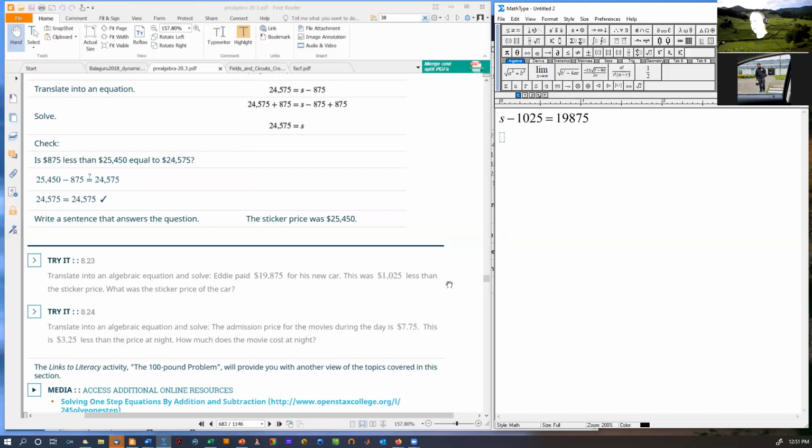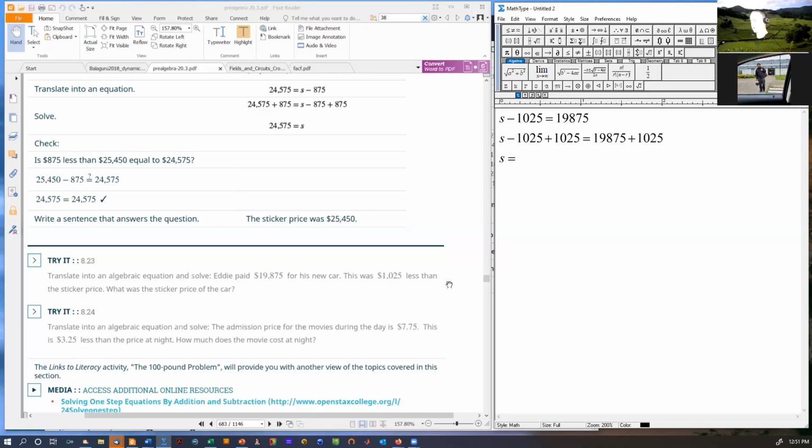So we can do S minus 1025 plus 1025 is equal to 19,875 plus 1025, right?